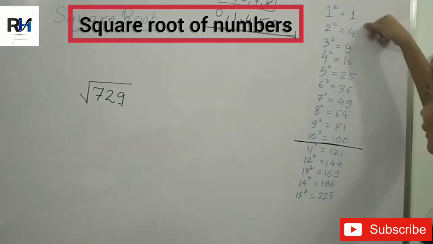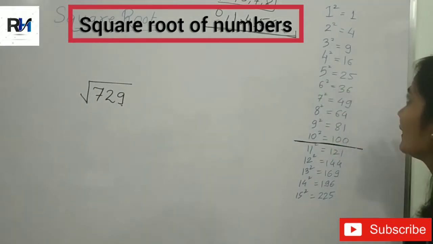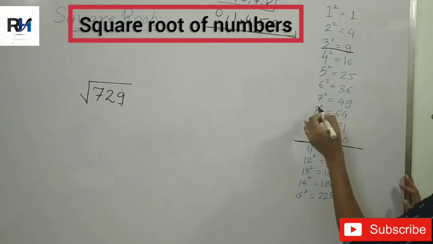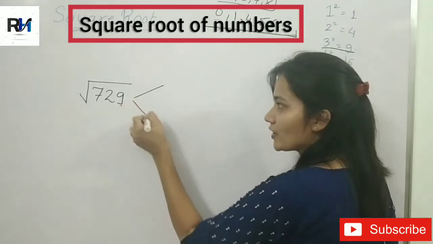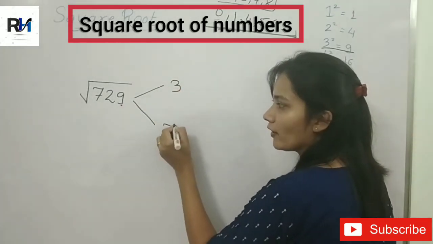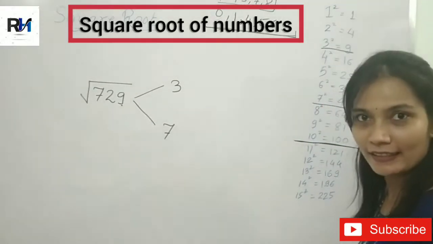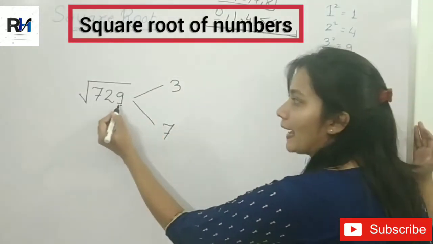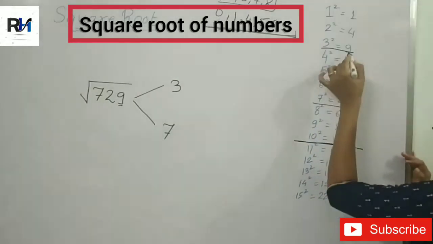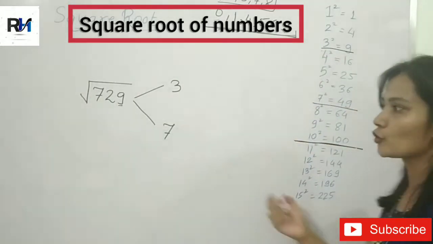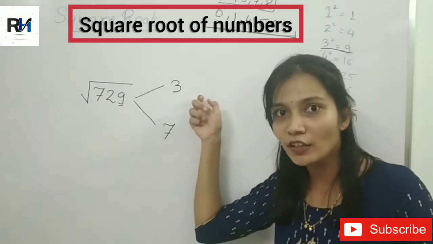So you have to see where 9 comes in the list of these 10 squares. It comes in 3 square and 7 square. So it is confirmed that the last digit of the square root is either 3 or 7.